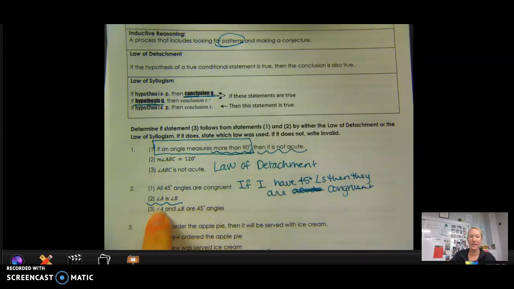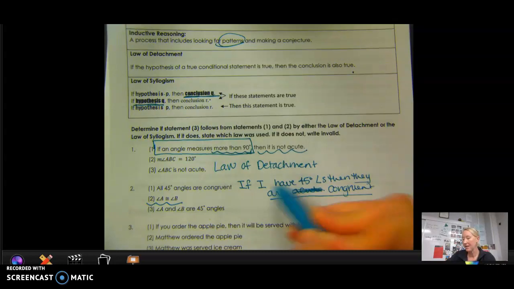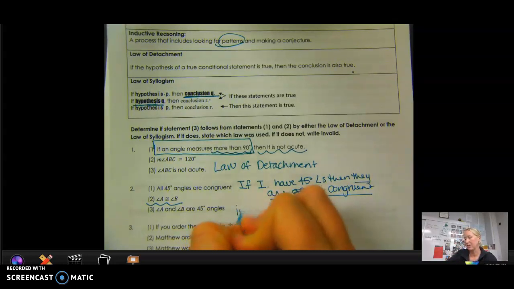I am telling you that angle A is congruent to angle B. So what I've just done is made the conclusion true. But the law of detachment says that the hypothesis has to be true. We did not make the hypothesis true, so this does not follow the law of detachment. This would be invalid.